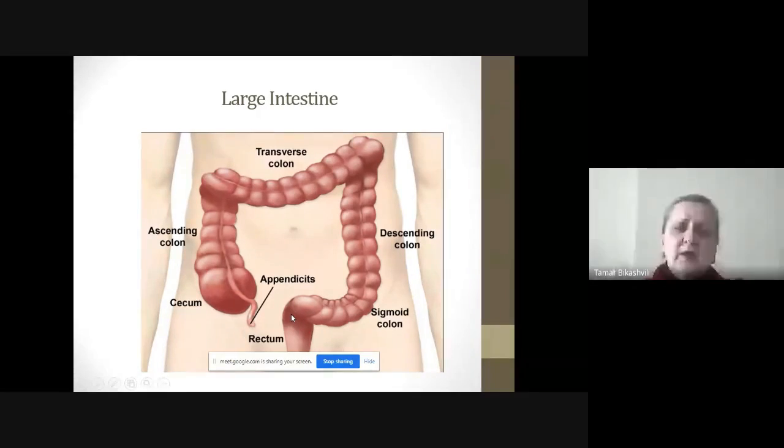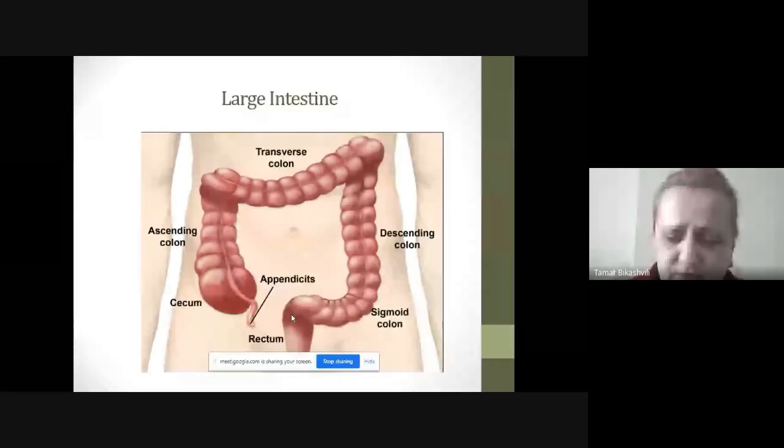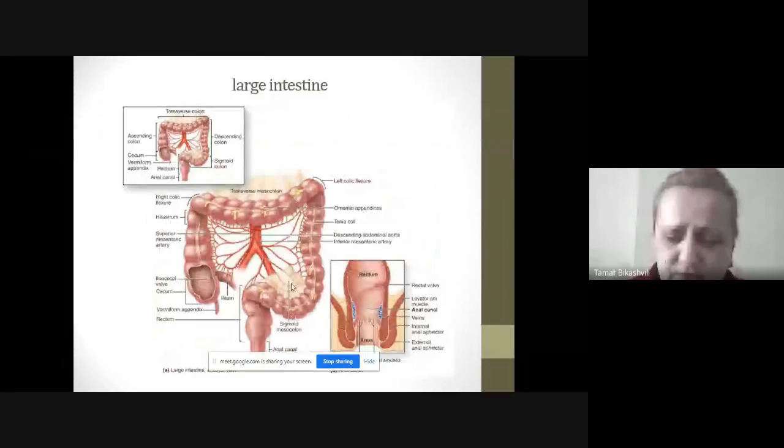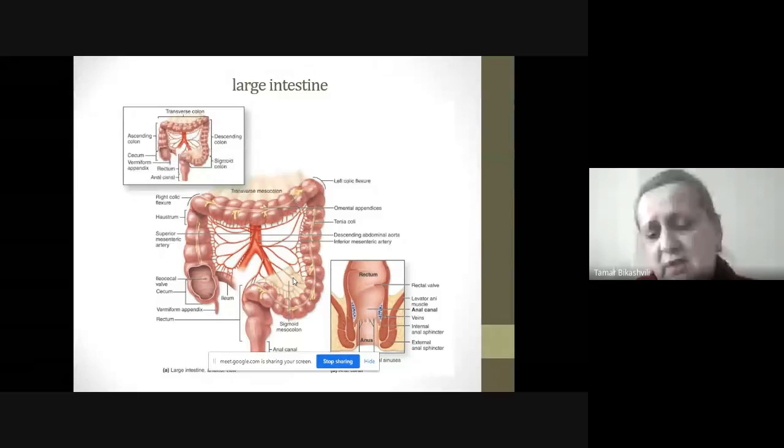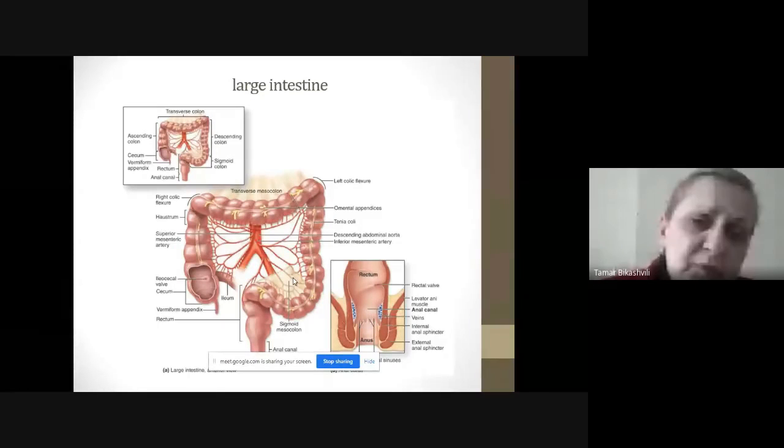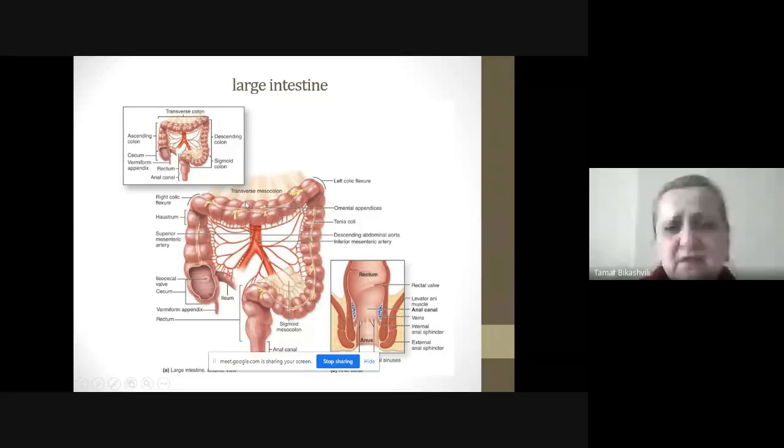So, four layers again are here. The epithelial lining, again here is the simple columnar epithelium. So what is specific here in the large intestine? Specific here are the sac-like structures.